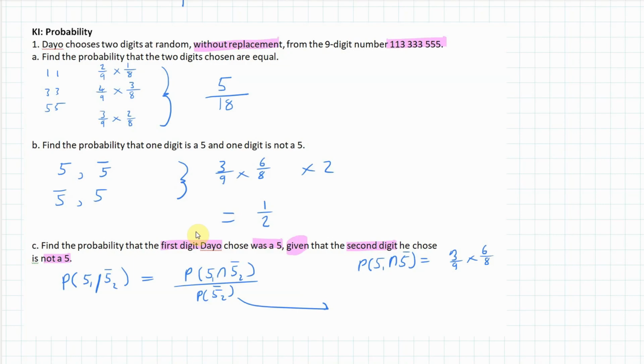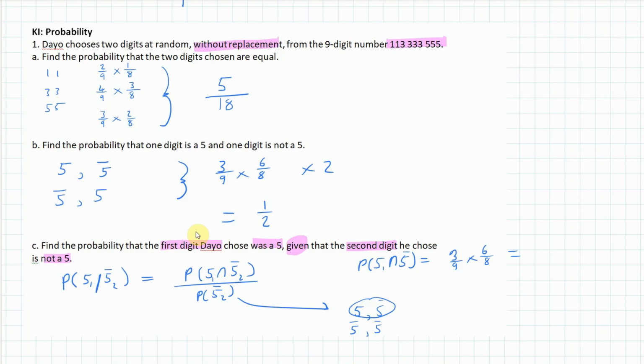One way of doing it is you can go 5, not 5, or you can go not 5, not 5. Now, we already know what this one is. It's this, which is 5 intersection not 5. So it's 3/9.